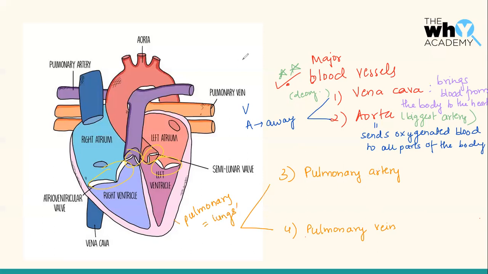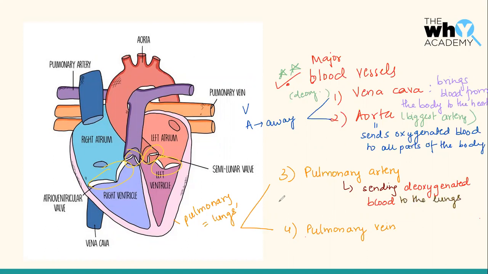Okay, but the only thing is here you have to be very careful that the pulmonary artery is the one sending deoxygenated, I'm going to write it in red so that you remember, pulmonary artery is sending deoxygenated blood to the lungs.